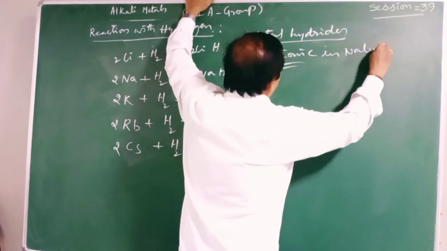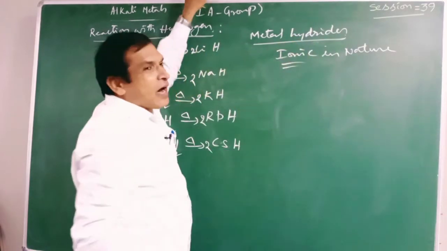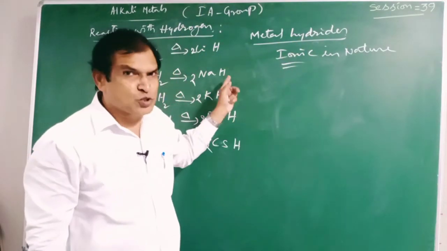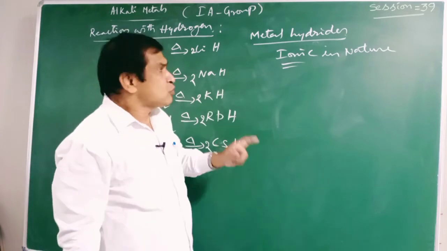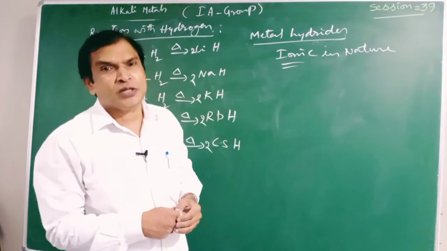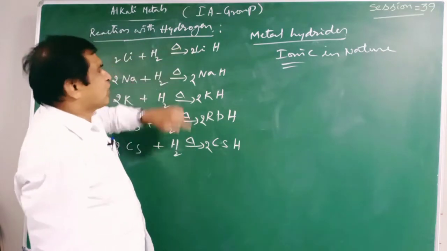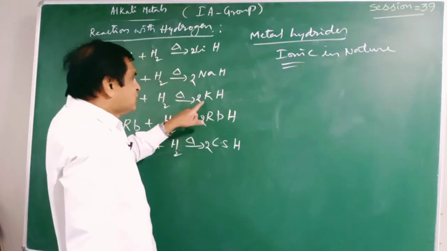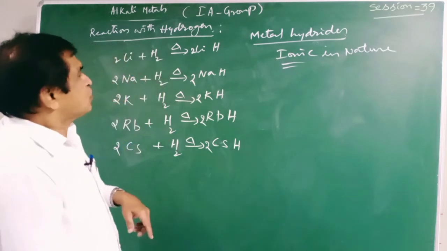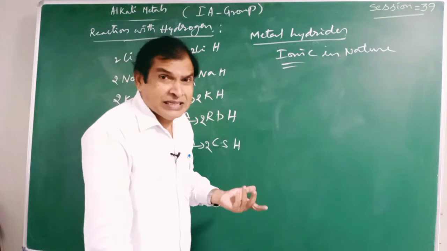Remember another point: in metal hydrides, the hydrogen atom exhibits -1 oxidation state and the metal atom exhibits +1 oxidation state. As a result, all metal hydrides are ionic in nature. That means lithium hydride, sodium hydride, potassium hydride, rubidium hydride, cesium hydride. So which is more ionic and which is least ionic?